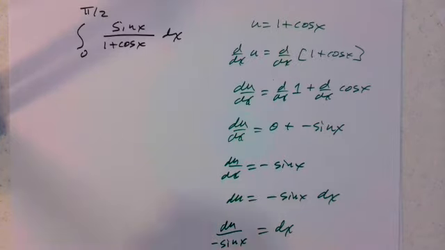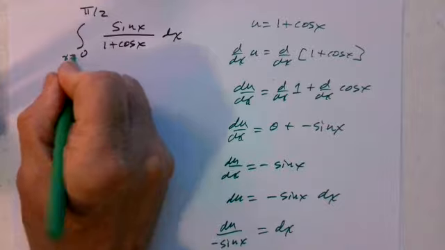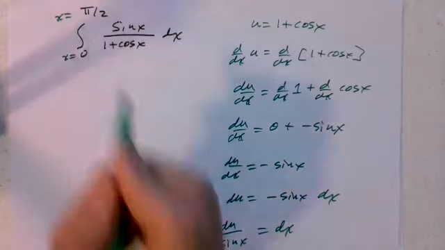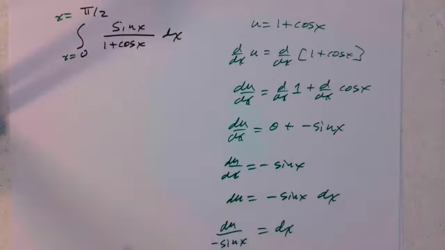You notice my first endpoint is x equals 0. My next endpoint is x equals pi over 2. So we're going to plug in our values and see what we get. u is 1 plus cos x. If x equals 0, u is 1 plus cos 0, which is 1 plus 1, so u is 2.